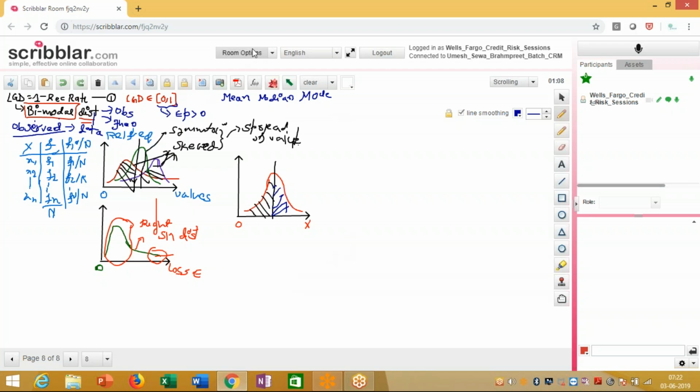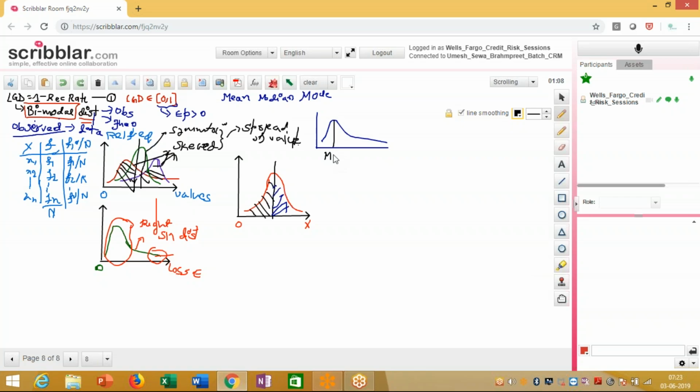So let's say one of the distributions looks like this. This is a right skewed distribution, right? What is the mode of the distribution? This is the mode of the distribution, agreed?